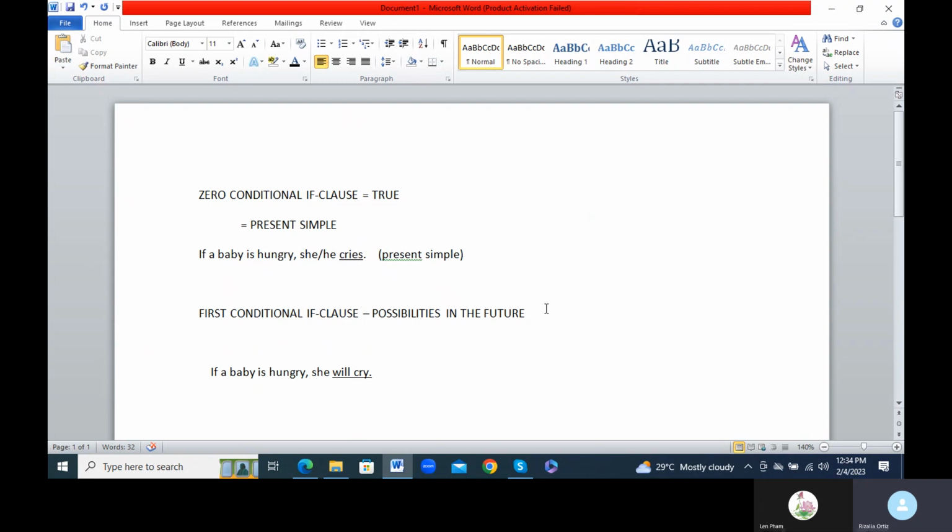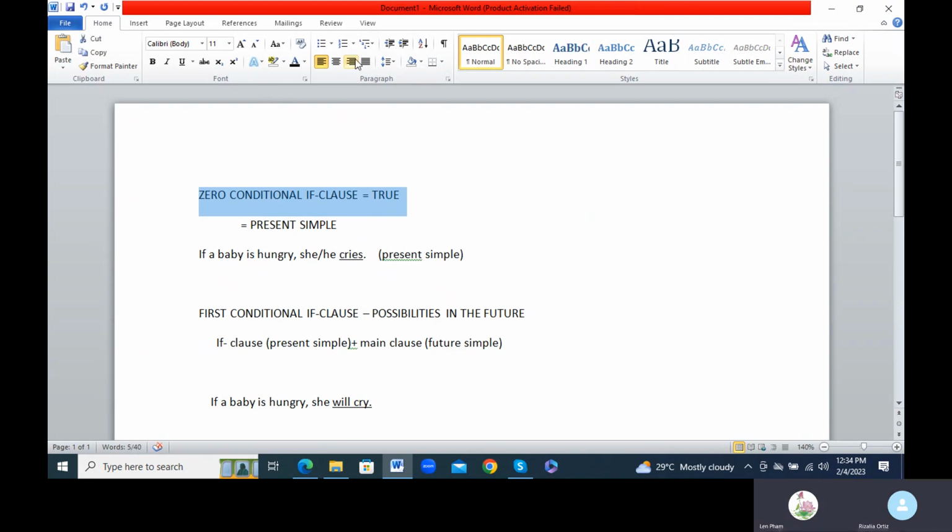Because we're talking about the future, your if clause takes a present simple form of the verb, no difference from the zero conditional. But your main clause should take the future simple, will plus base form, because we are talking about a future. Do you understand that?